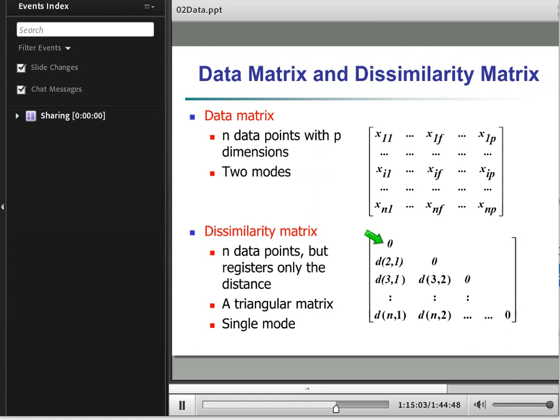So we just talk about the bottom side of this matrix, this triangle. And you can see that each data point or each object is similar to itself.